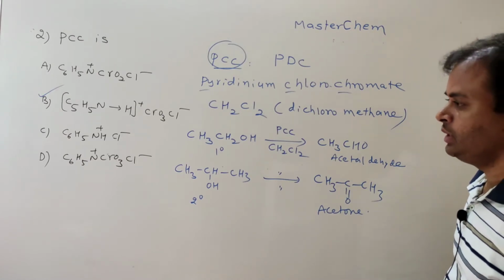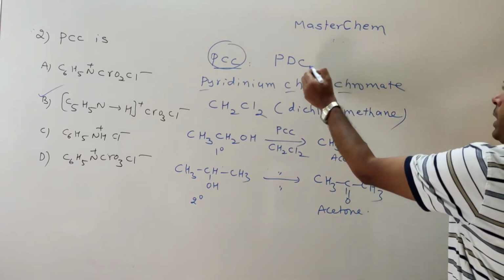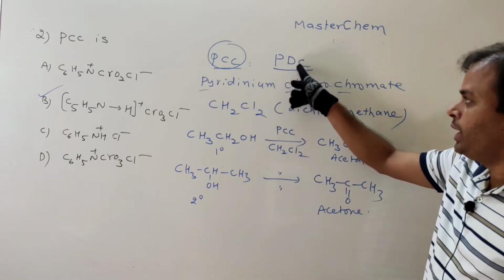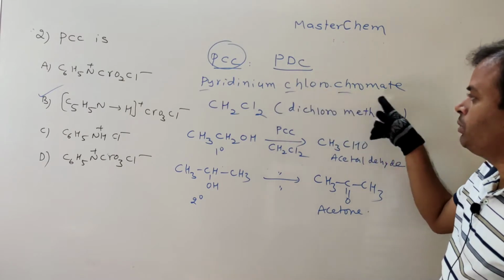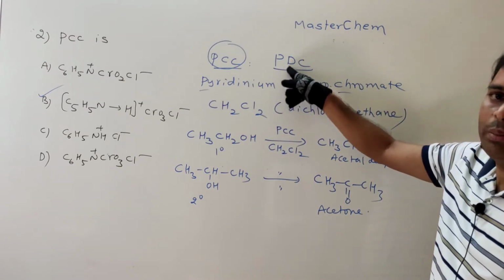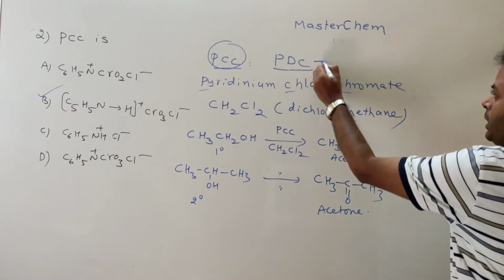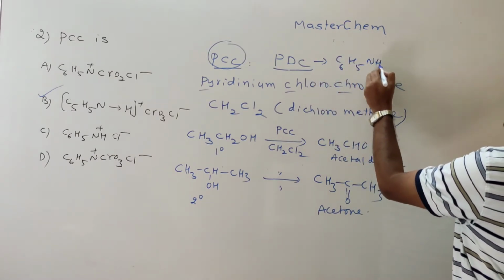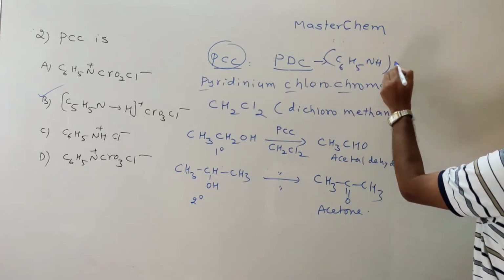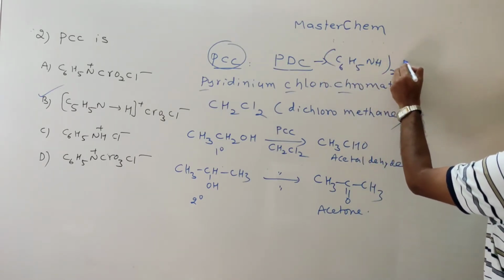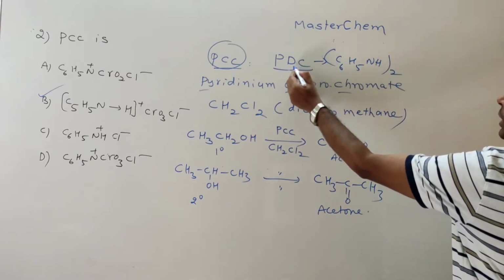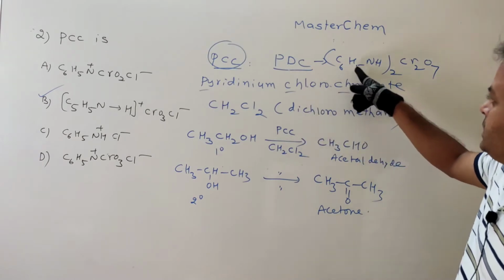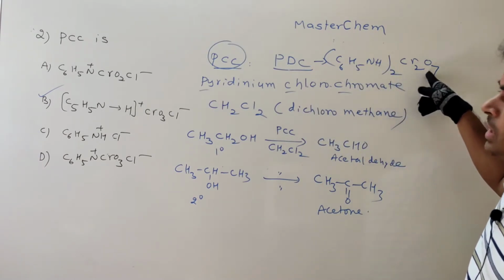We can also substitute this PCC with PDC. What is PDC? That is pyridinium dichromate. In place of pyridinium chlorochromate, we can substitute pyridinium dichromate. It is (C5H5NH)2 Cr2O7, C5H5NH taken twice with Cr2O7.